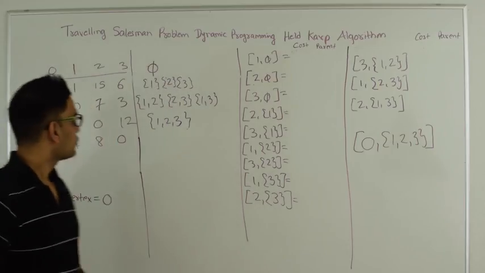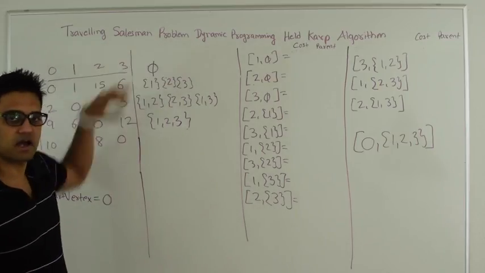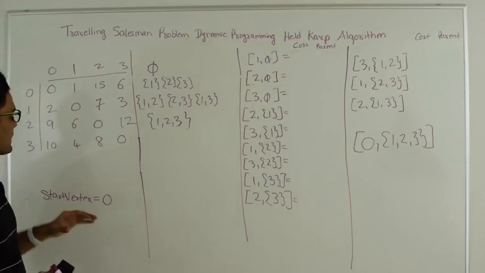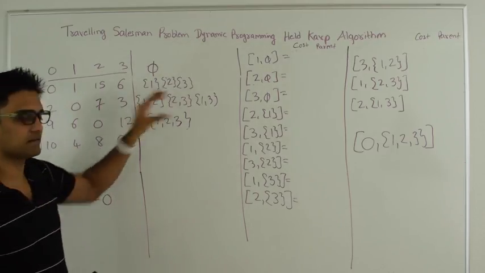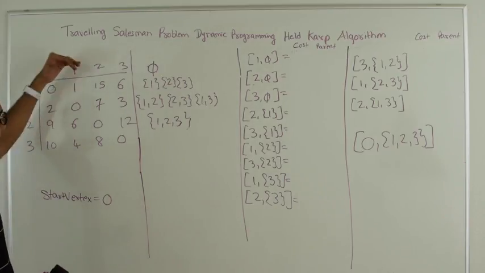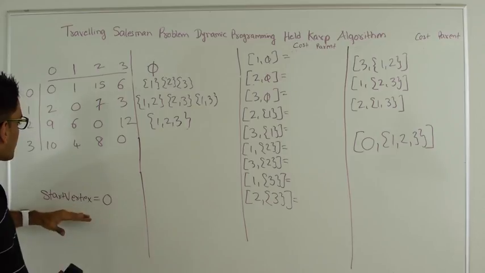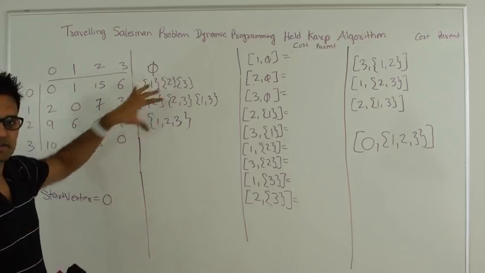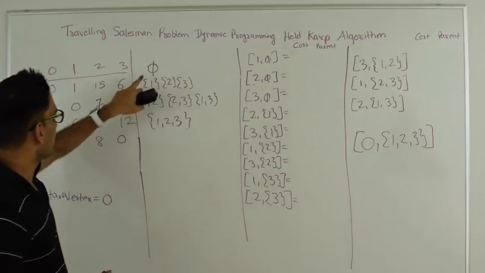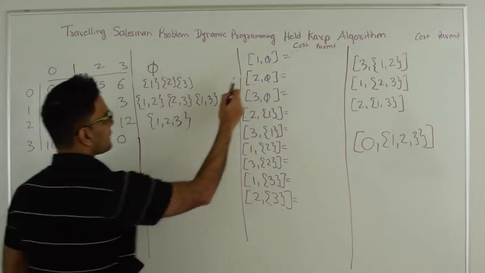The idea is to pick one subset at a time and then go through every vertex in this graph except the start vertex and the vertices in that subset, and try to find the minimum cost to reach that vertex from the start vertex going through all the vertices in the subset. So first we're going to pick the empty set.